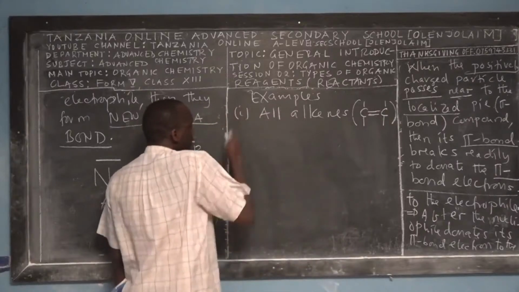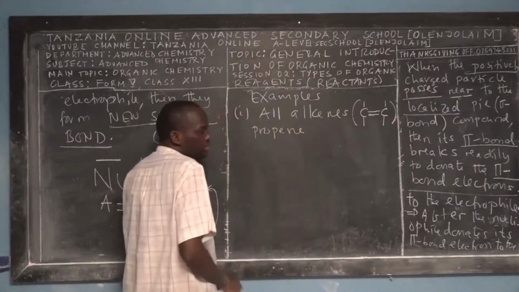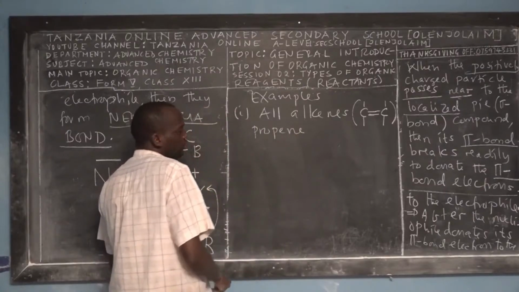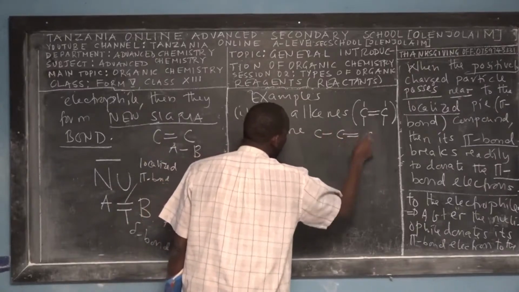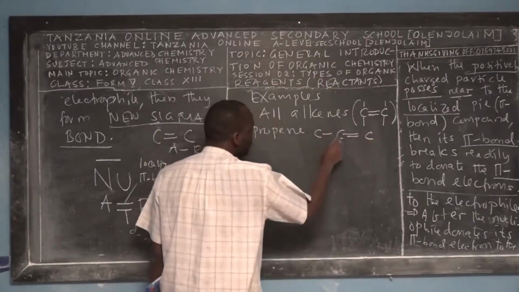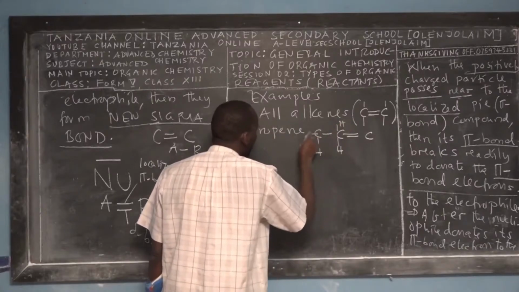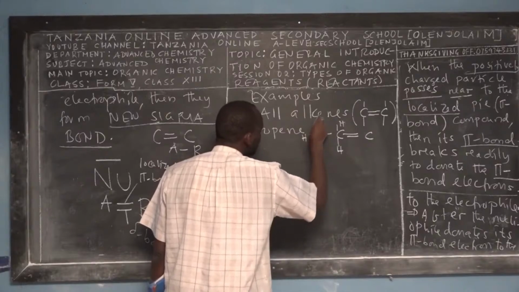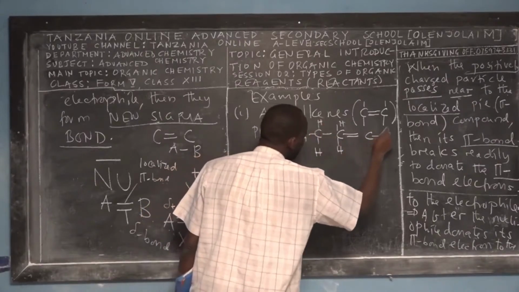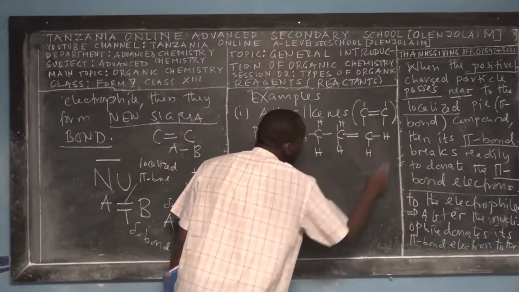For instance, we have propene. This is one of the examples of alkenes. In propene, if you write the structure, we have carbon and then a double bond. Here we have one hydrogen, here we have three hydrogens, and then here we have one hydrogen, and there we have one hydrogen.